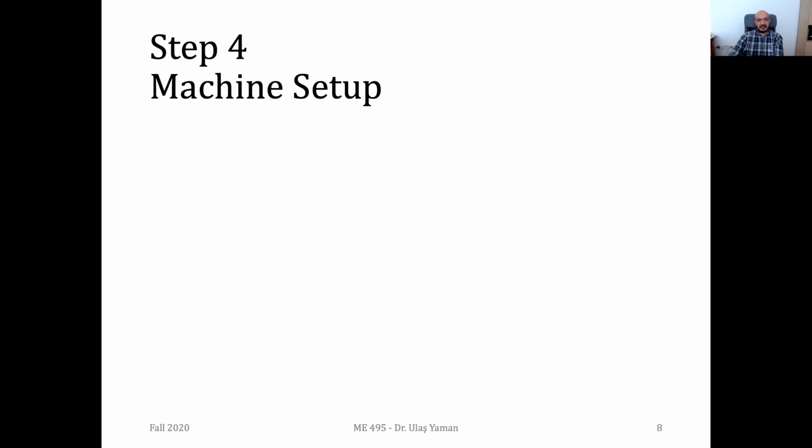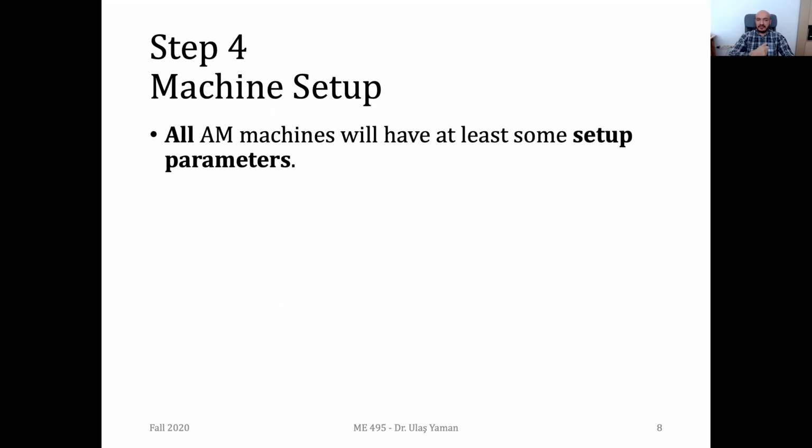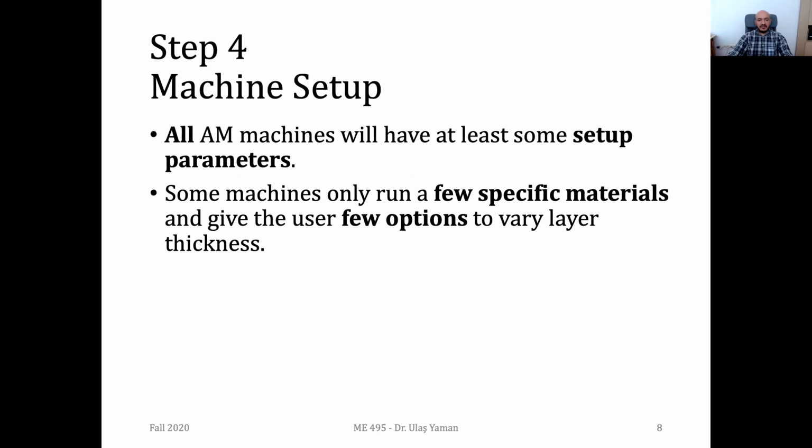This is machine setup, and I made you a demo about this machine setup last week while we were playing with Cura. So the machine setup is mostly done on the CAM software. You need to adjust the settings. We have many parameters. We have the layer thickness. We have different materials, and some of the parameters depend on the material properties.